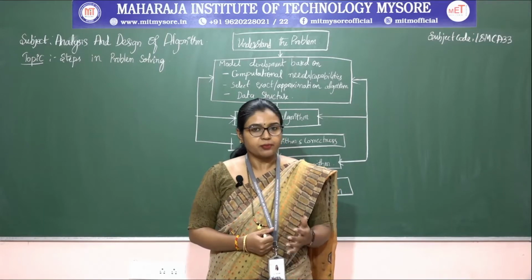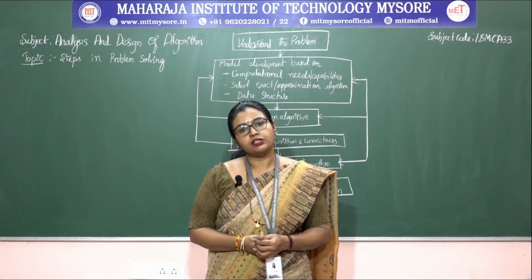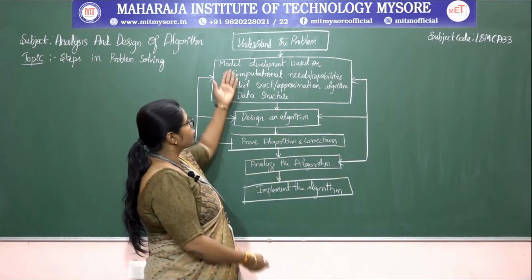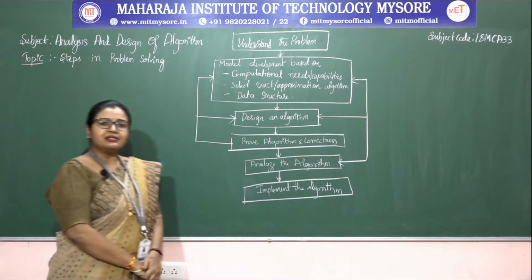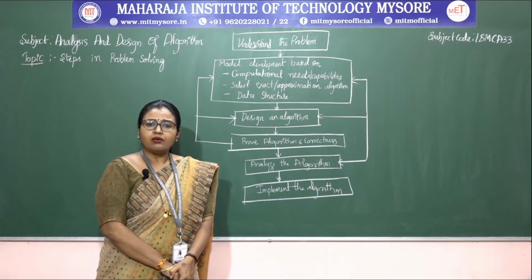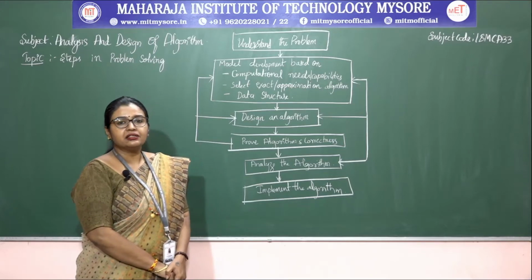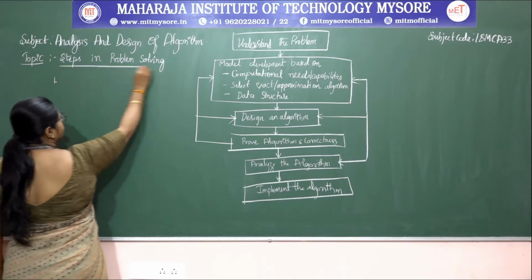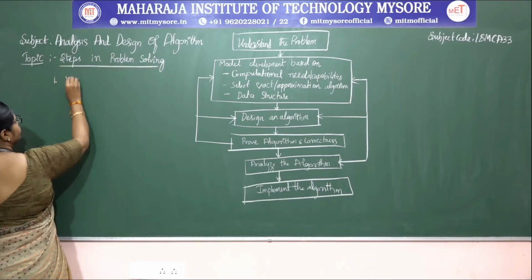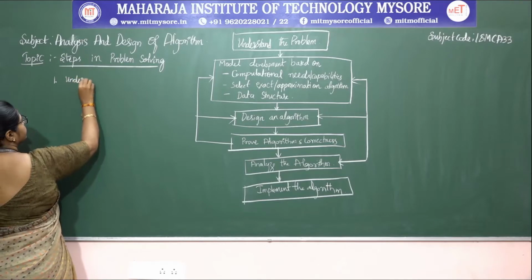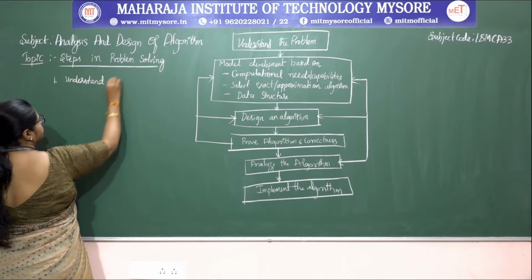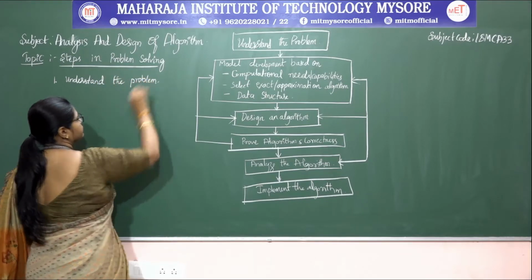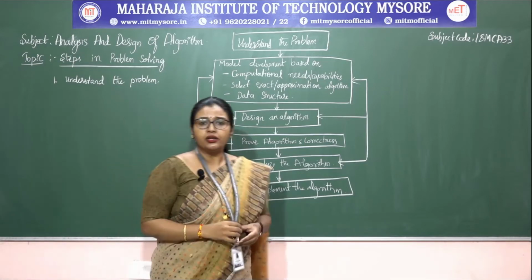What are all those steps in order to get the solution for the given problem? Here we have a flow chart. The very first step to solve our problem is to understand the problem clearly.